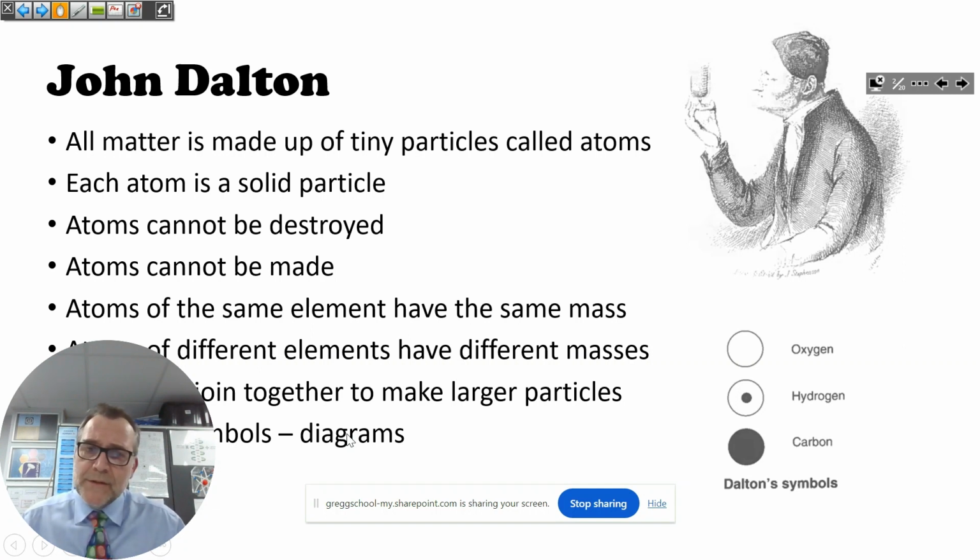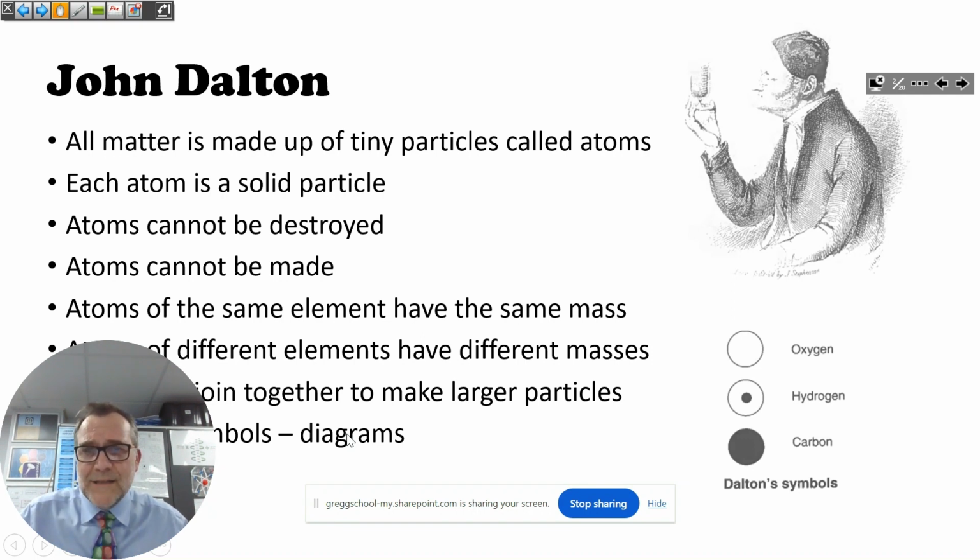Atoms of the same element have the same mass. Atoms of different elements have different masses, and they can join together to make larger particles. His chemical symbols that he used were rather strange and rather complicated, and we've since ditched that. So that's John Dalton, and that's pretty much at the start of the 19th century.